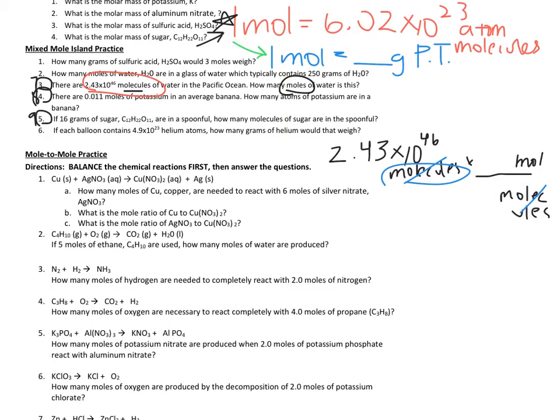You'll notice that in my conversion factor, I did the units first, and that's super important. Please don't forget to put units down when you're doing your conversion factors. If you're just trying to put numbers in places, you're going to confuse yourself, wondering whether it goes on top or bottom.